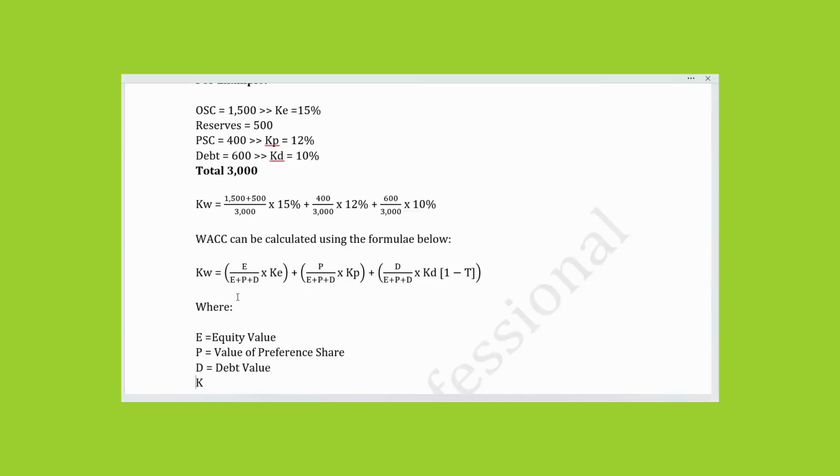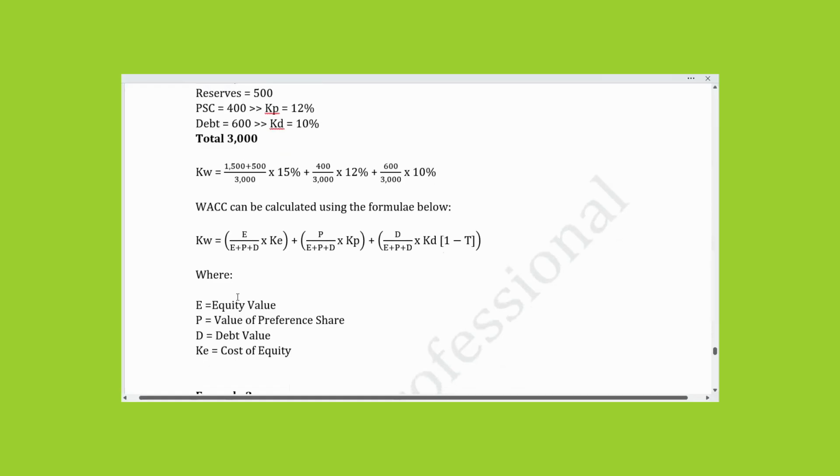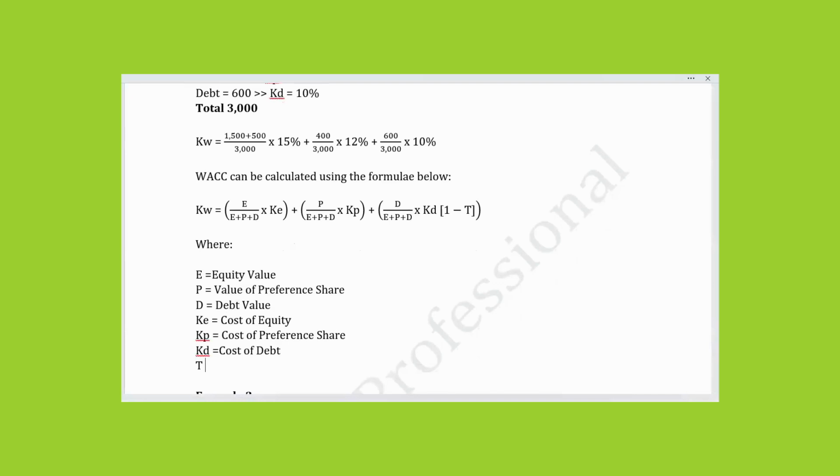Of course, KE equal to cost of equity, KP equal to cost of preference share, then KD equal to cost of debt. T equal to company tax rates. All right, so that's that.